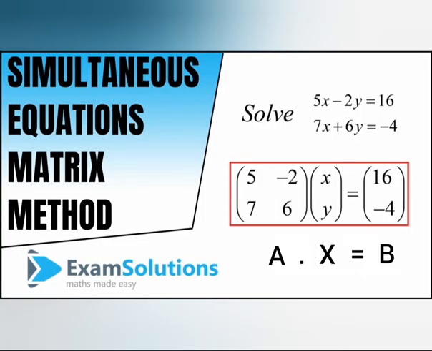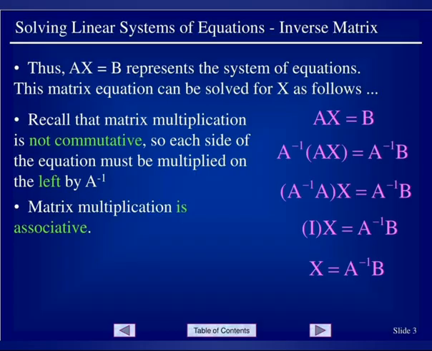So what we need to do is to eliminate the matrix A by multiplying both sides of the equation with the inverse of A. Go through how this is done in this slide.